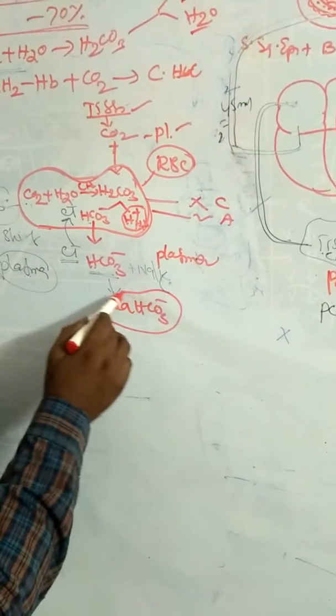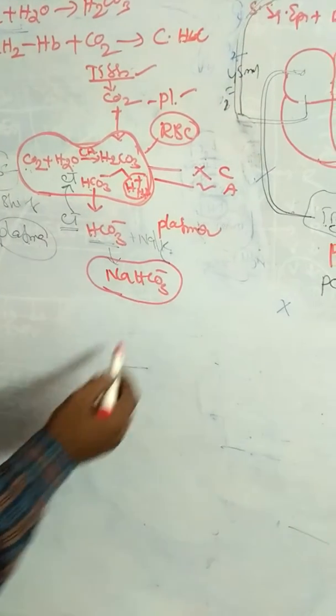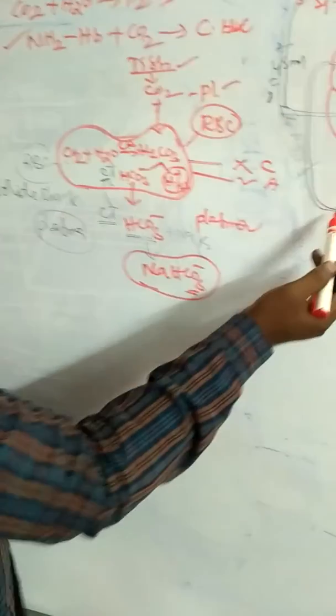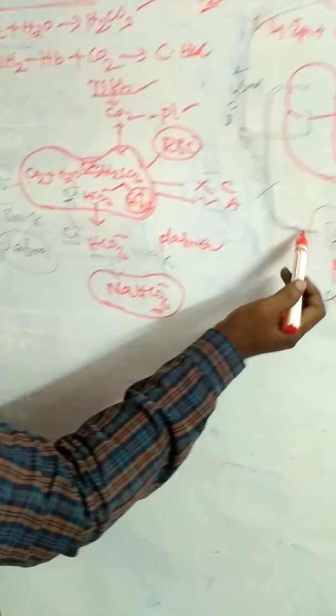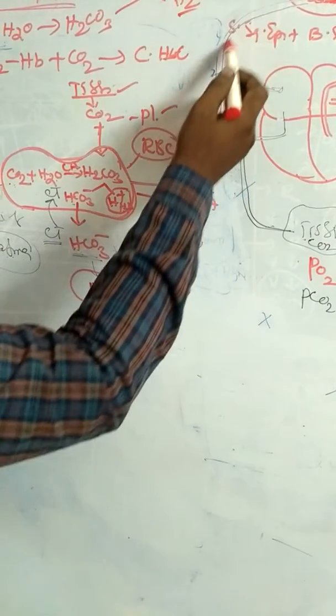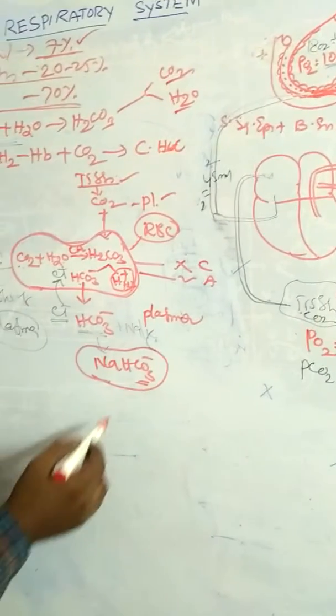In plasma, CO2 is in the form of bicarbonate ion. Here the sodium bicarbonate is formed.